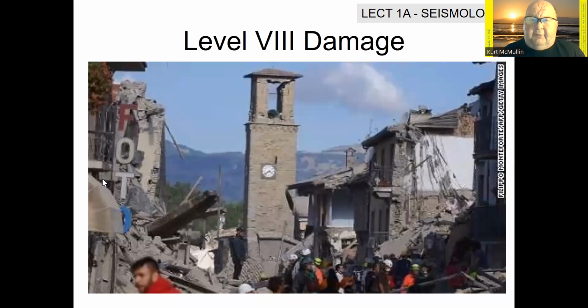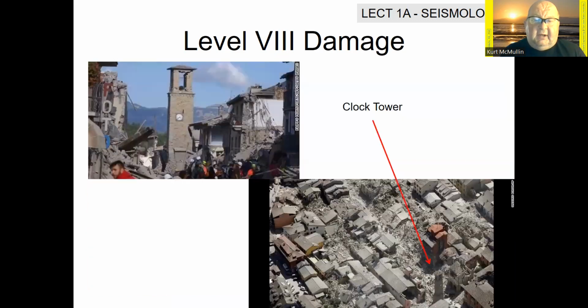This is an example of that Italian earthquake with the level 8 damage. As you can see, a lot of partially collapsed buildings. If we look at an aerial view, here's that clock tower. As you can see, some of these buildings are completely collapsed. Many of them have severe damage, but on the other hand, some buildings are still in quite good condition.